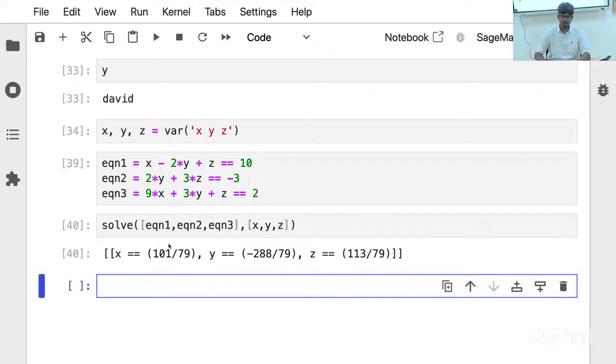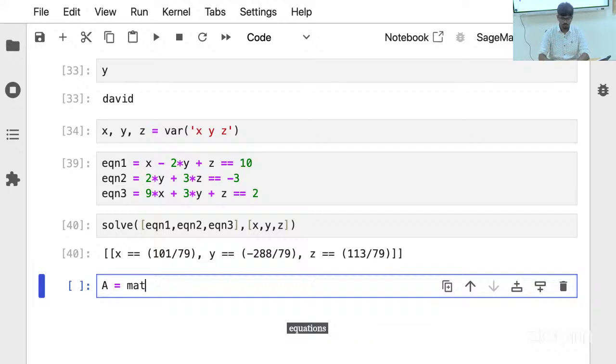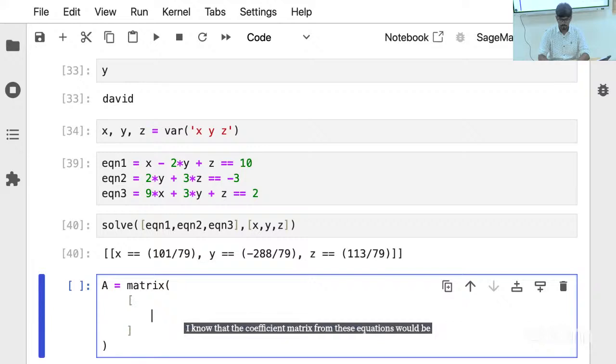There's one more way of solving this as well. You can construct a coefficient matrix from the equations. The coefficient matrix from these equations would be: first row 1, minus 2, 1.